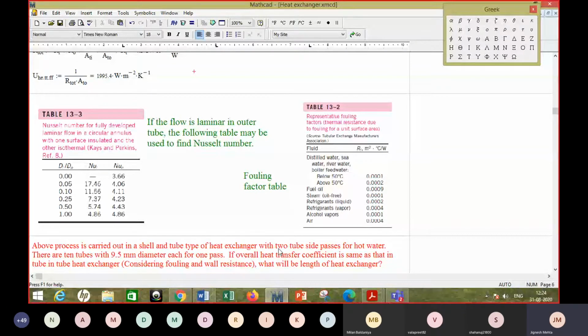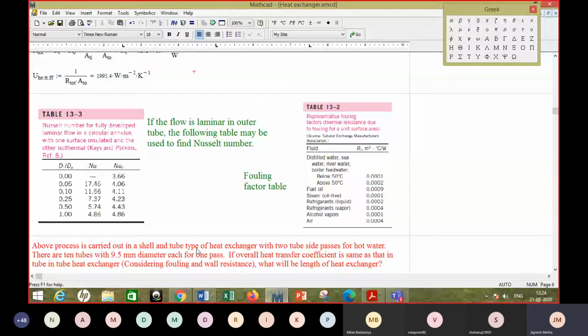I have to find the shell side heat transfer coefficient. I may have to consider the fouling resistance on either side as well as the wall resistance of the tube, right? But that exercise is not done here, and you have been provided the overall heat transfer coefficient.